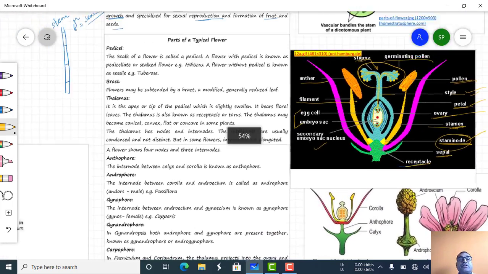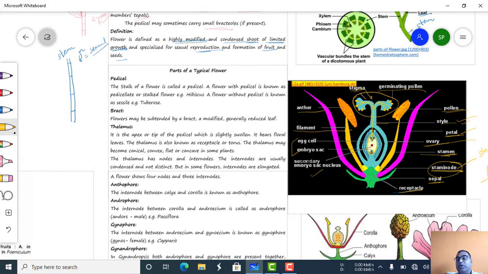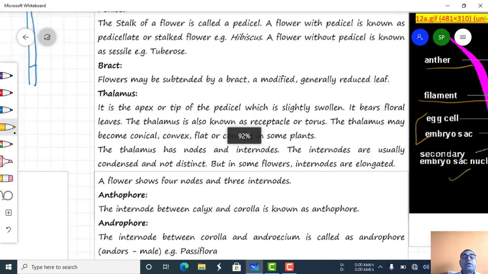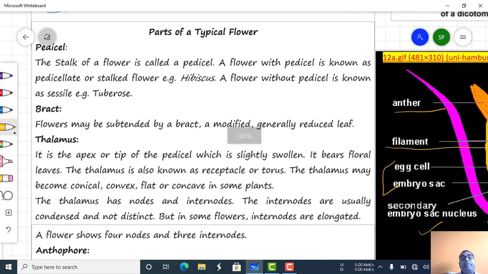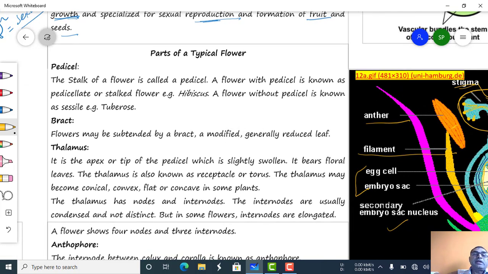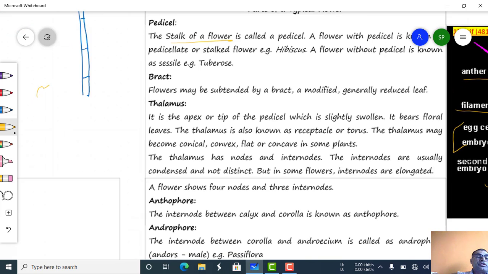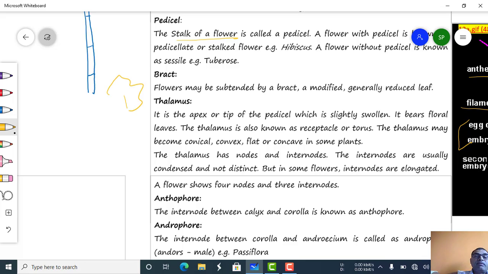Just see the parts of a typical flower. The first one is the pedicel. Pedicel is the stalk of the flower. Suppose this is a flower, then this flower shows the presence of a stalk.